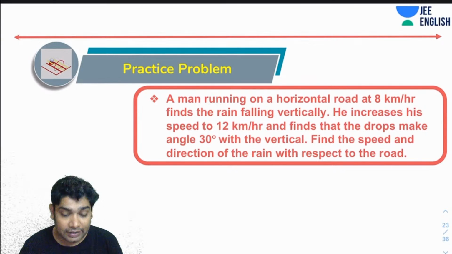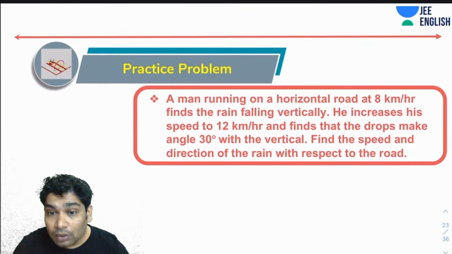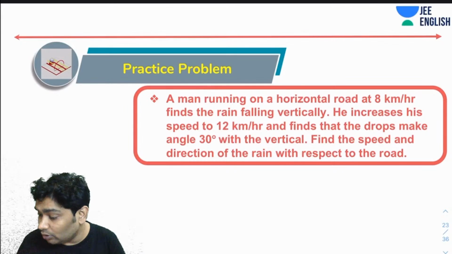All right, let's wait for Pawan also. Okay, so he says speed is 8 over root 2 and 40.89 degrees. Okay, I don't know. Let's see.